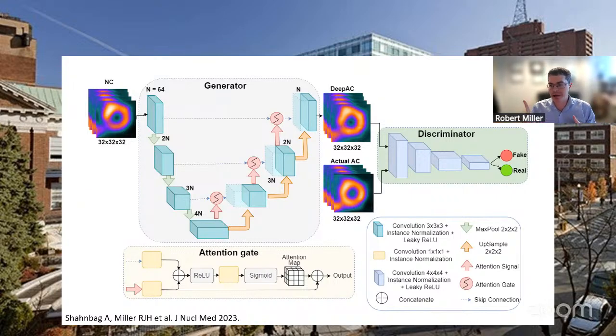And then there's a second model that's tasked with differentiating the synthetic attenuation correction from the actual attenuation correction. Its task is just to say, this is fake, this is real. And then you train the models in parallel until the generator is able to fool the discriminator. And that way, you end up with images that are more similar to the actual images than if you just use a UNet alone.